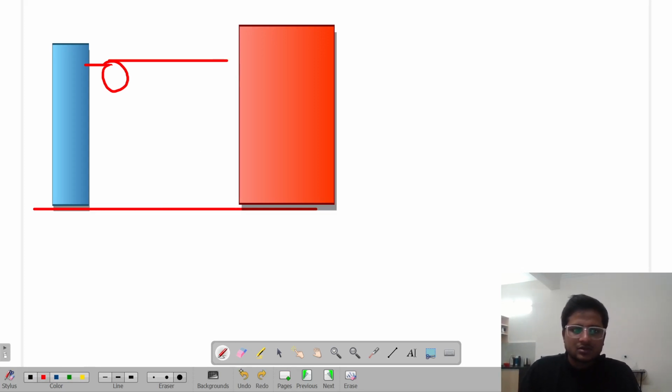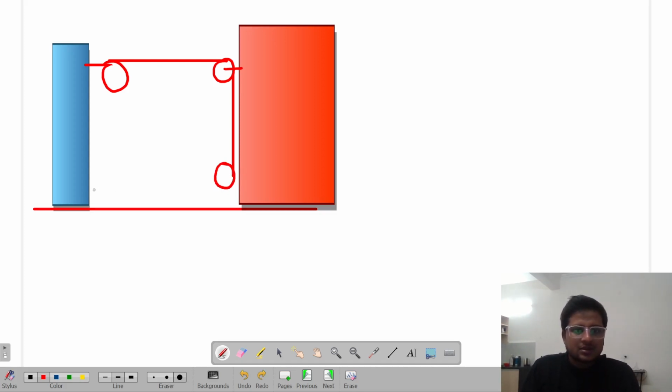Let us just make it uniform. And then I have one more thread, attached with one more pulley over here. Is that clear? Are you able to understand me?